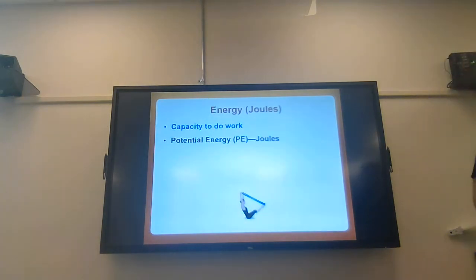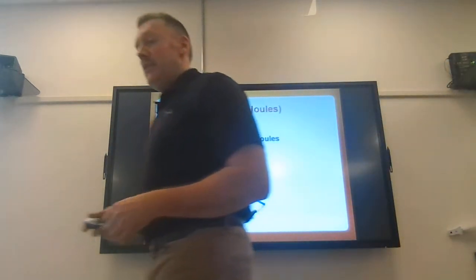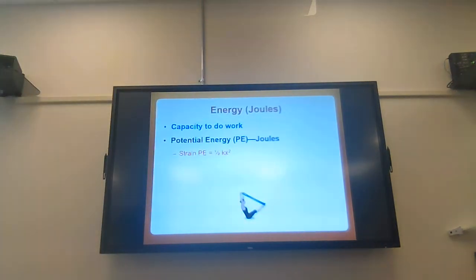So we have a couple different types of potential energy. First one is strain potential energy. So what does that word strain mean? If you think about a rubber band, what does that word strain mean?